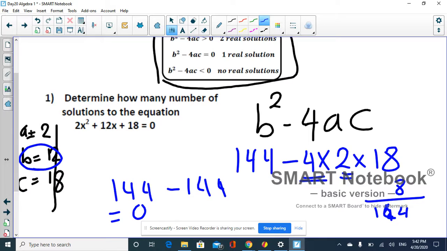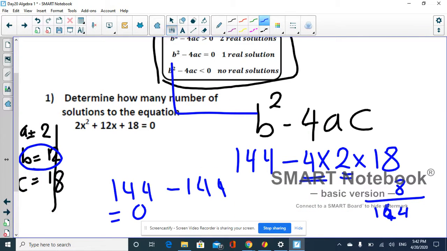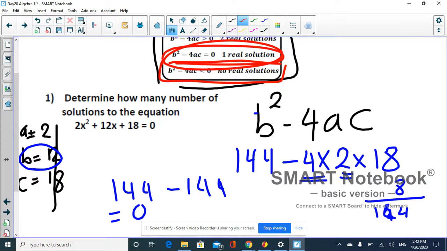And if you look here again, if this is equal to 0, that means we have one real solution.